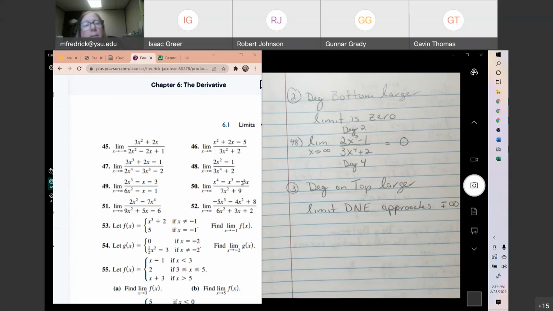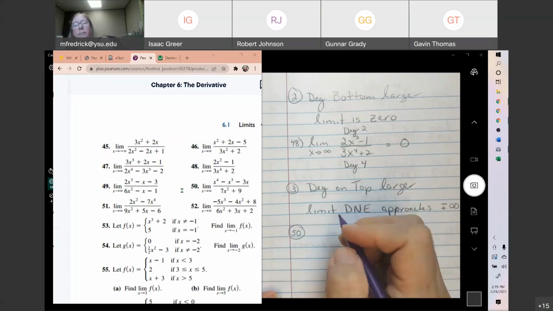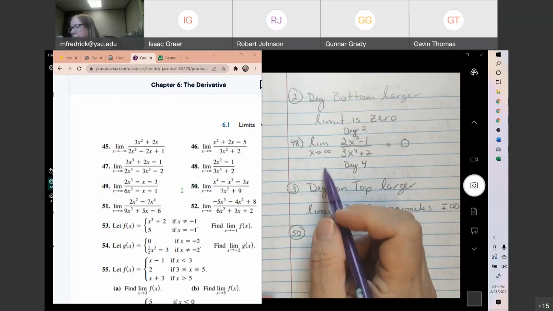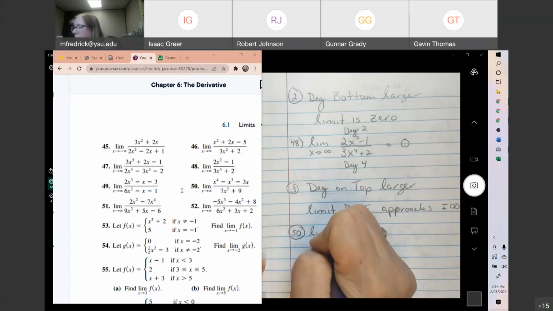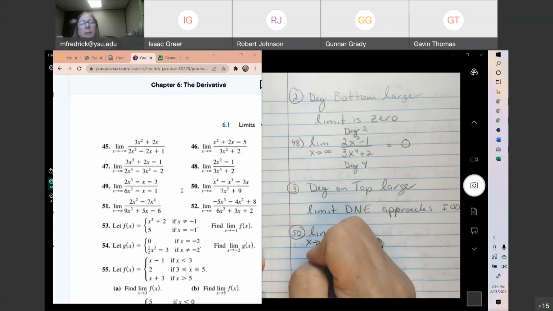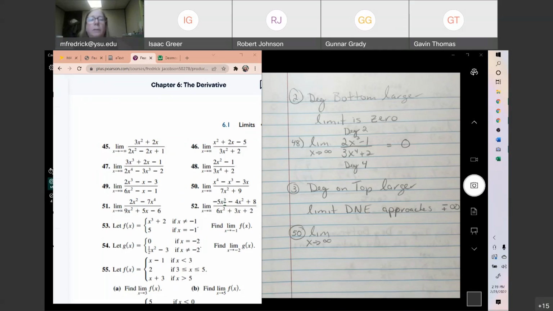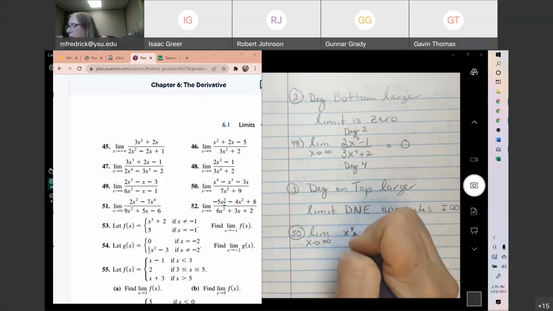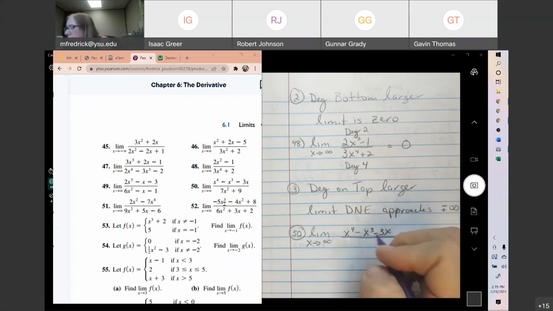We look at, I guess, 50. And again, remember, whether it's a positive or negative infinity, you're still using the same steps. The limit as x approaches positive infinity. This one. x to the fourth minus x cubed minus 3x over 7x squared plus 9.